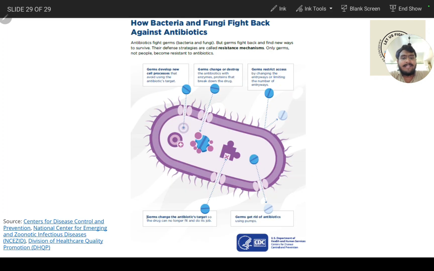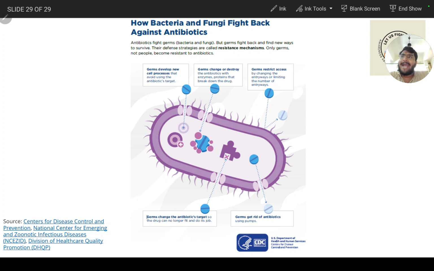So we have already discussed all these points, wherein we said that either the microorganism restricts the access by blocking the entry of the antimicrobial agent, or it can pump it out. If it manages to enter, it can still throw it out, or it can produce enzymes to destroy the antimicrobial agent such that whatever the broken down product is, that's of no use because it may not have any medicinal properties.